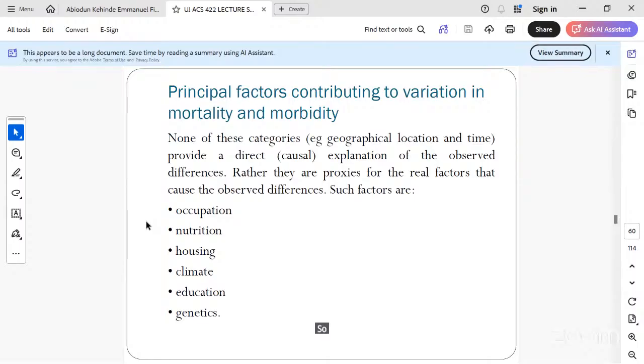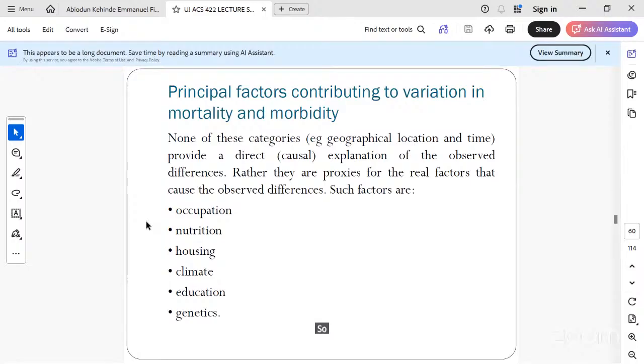So if the school is not a violent school, the teacher is likely to survive beyond a particular age than that soldier that might be sent to the war front and die any moment. So occupation is a major factor contributing to variation in mortality and morbidity.